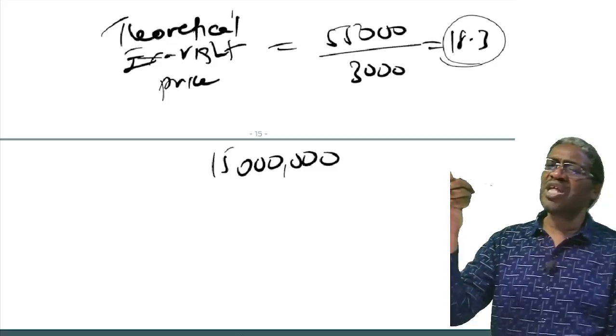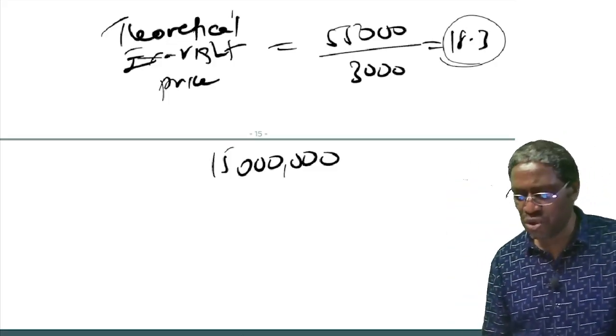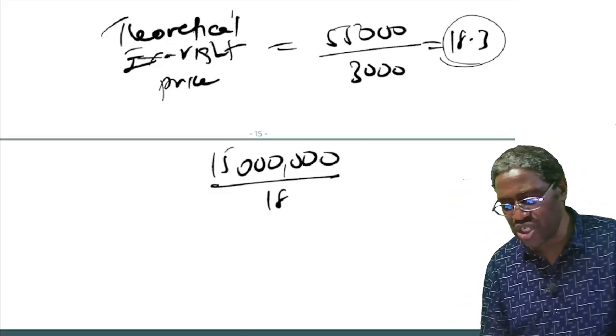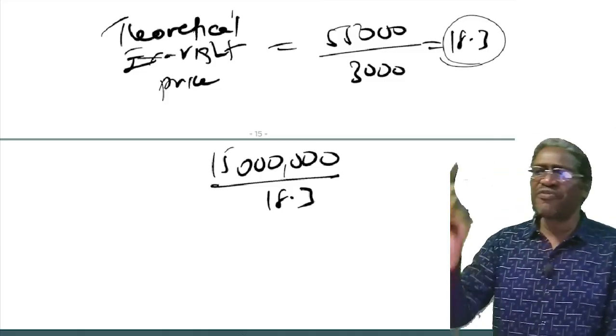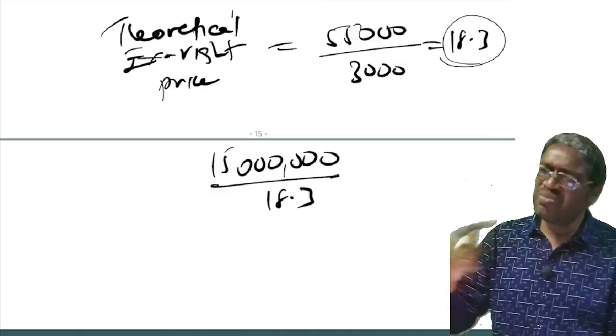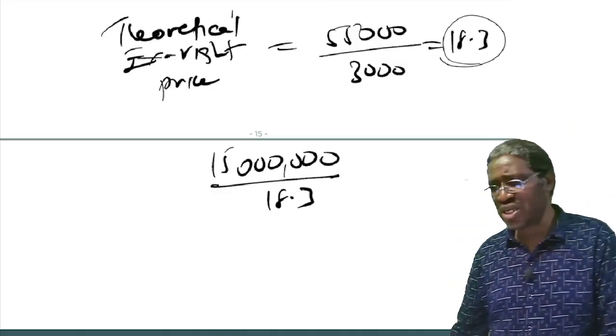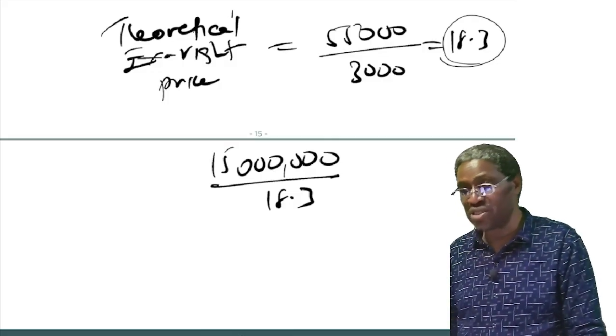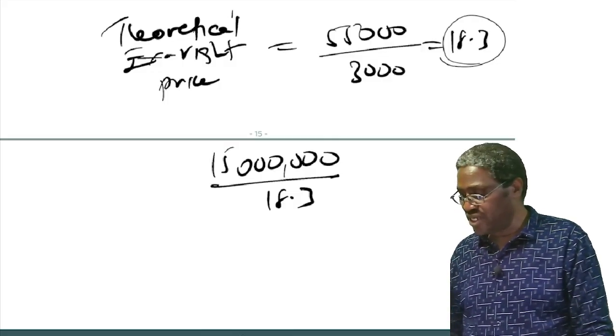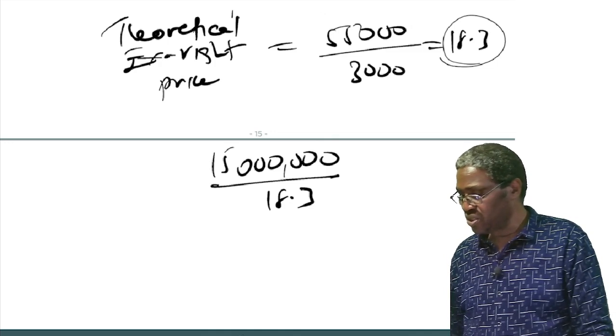But if they were to use their 15 million to go to the stock market, now they will find one share being sold at 18.3. So their 15 million again would be enough to buy how many shares?